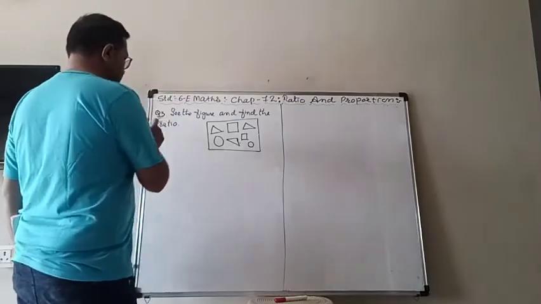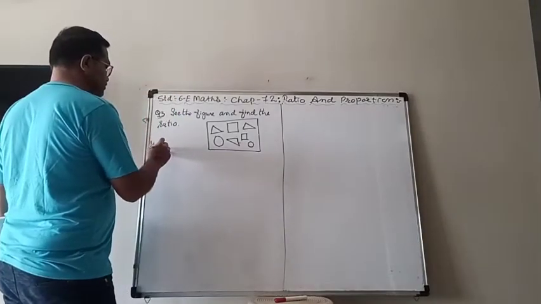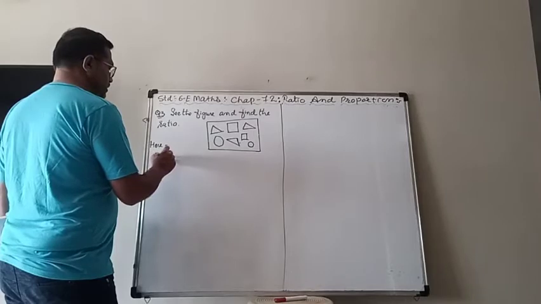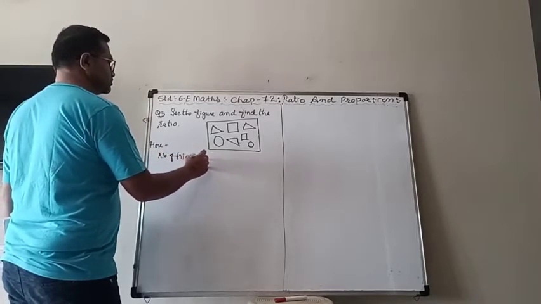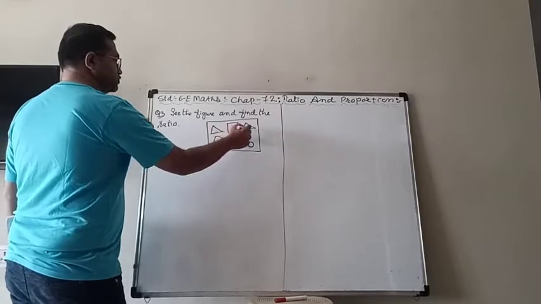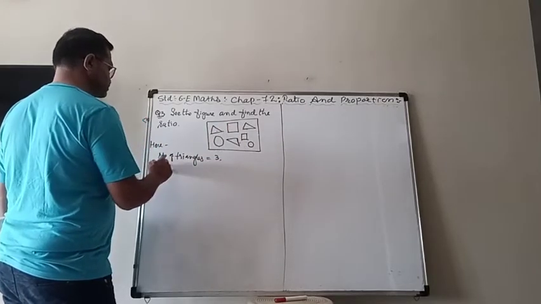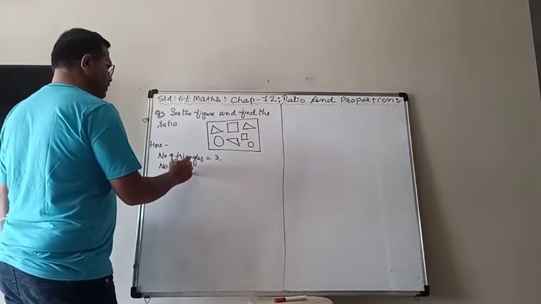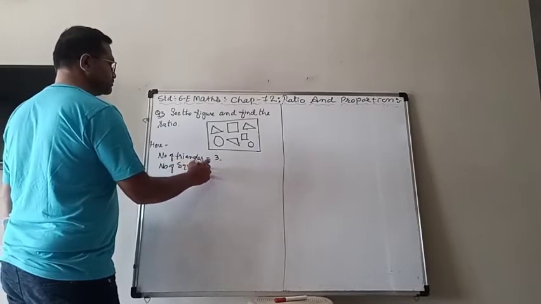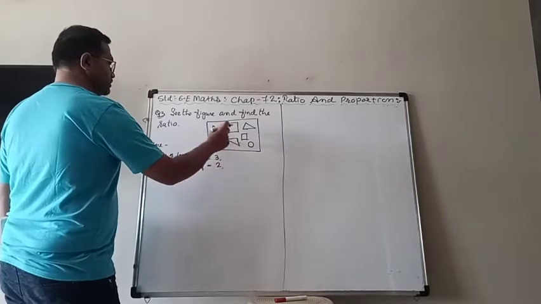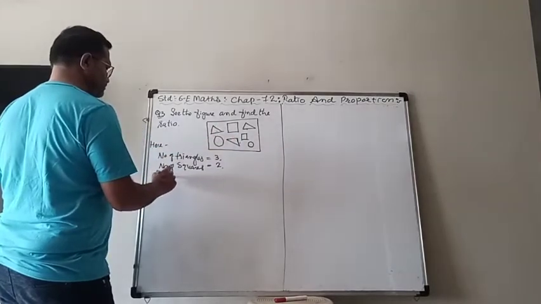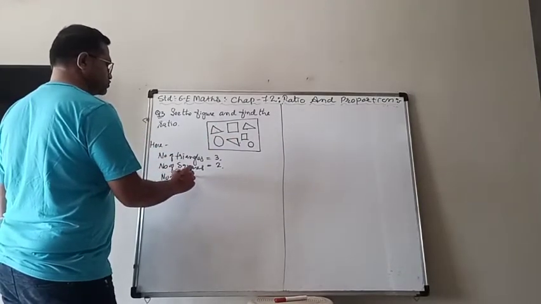So now the number of triangles is 1, 2 and 3. The number of squares is 2 and circles also 2.